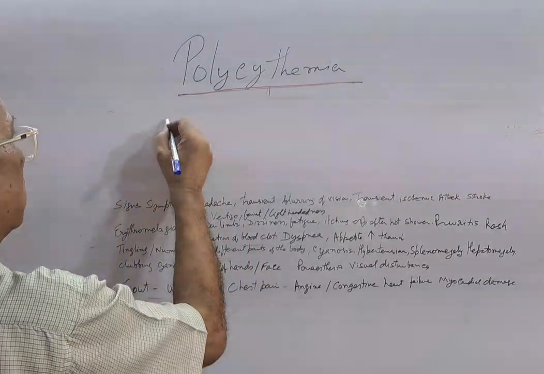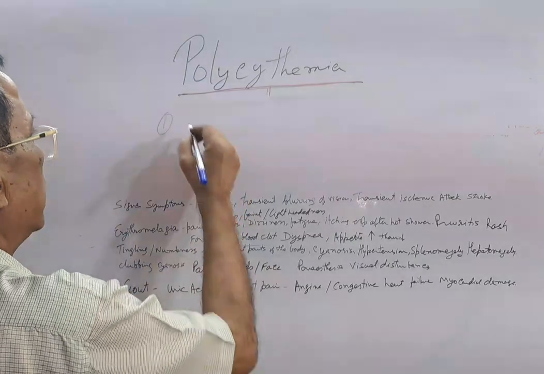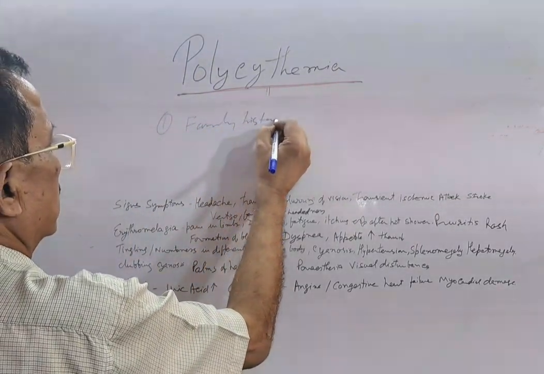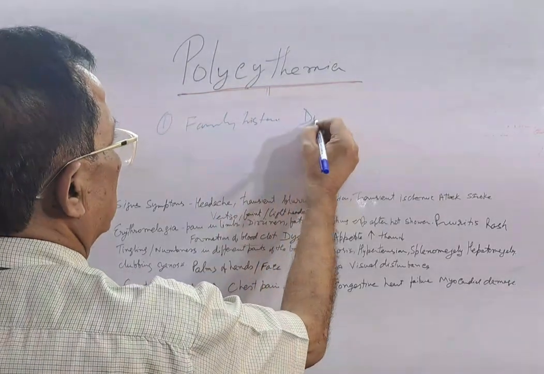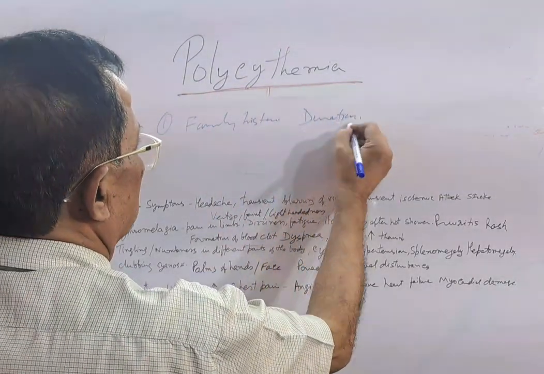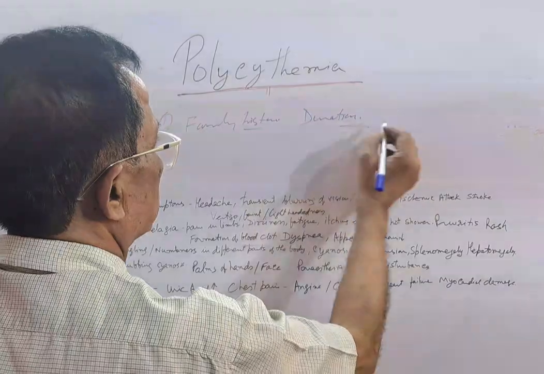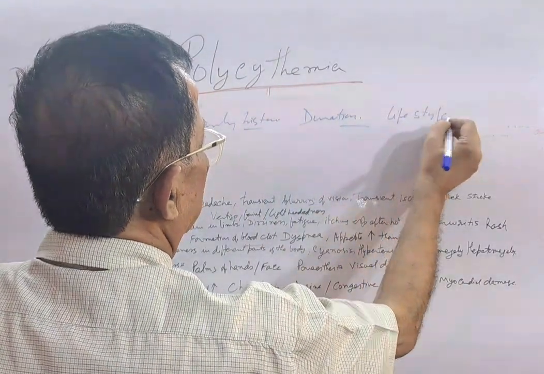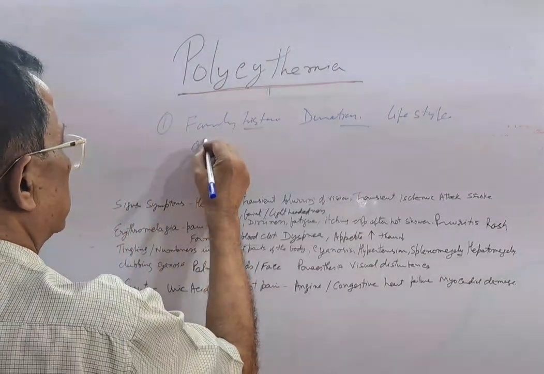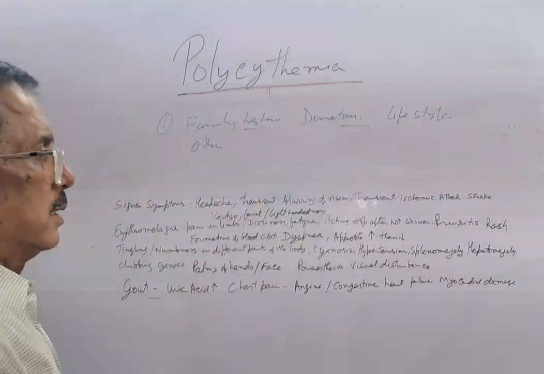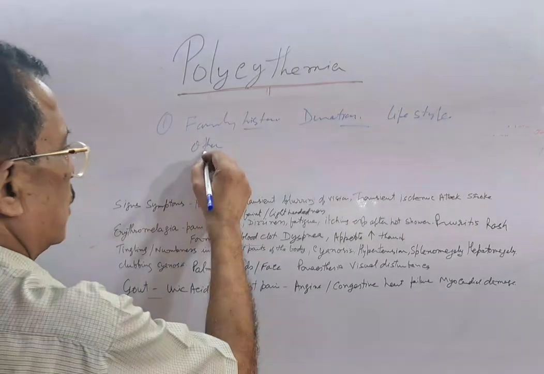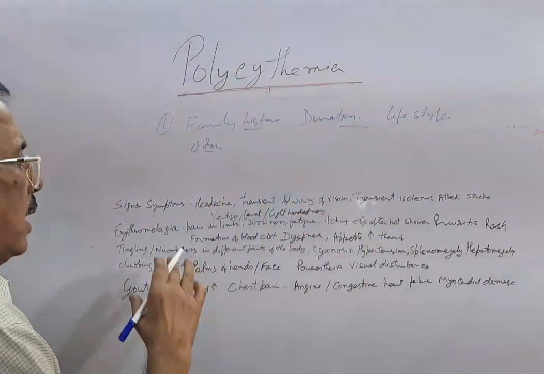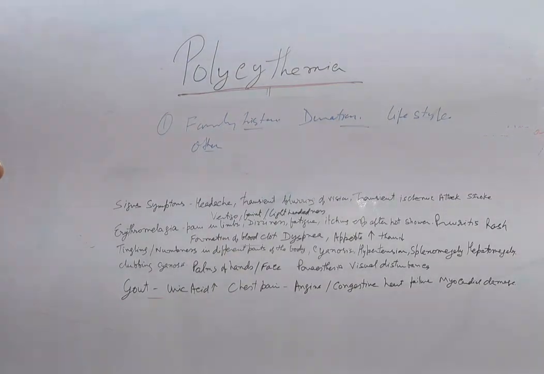These are the signs and symptoms of polycythemia. Now, how will we diagnose? Number one, family history. Then duration, lifestyle, smoking or something like that, other diseases, cyanotic heart disease, COPD, etc. History of pruritus, rash, transient blurring of vision, transient astigmatism.